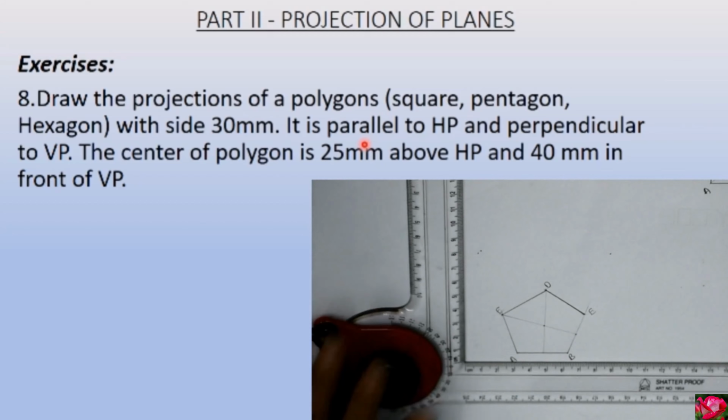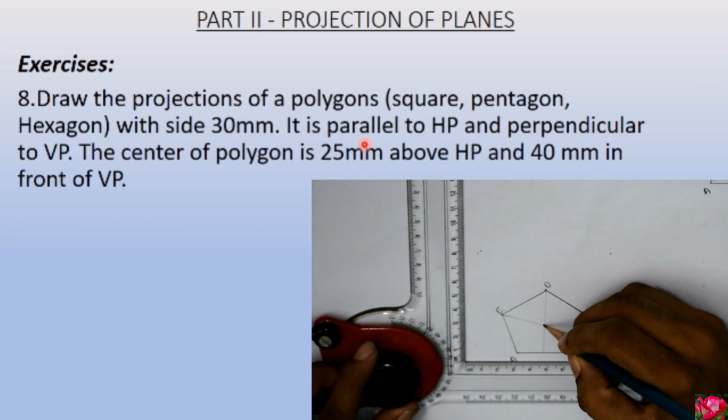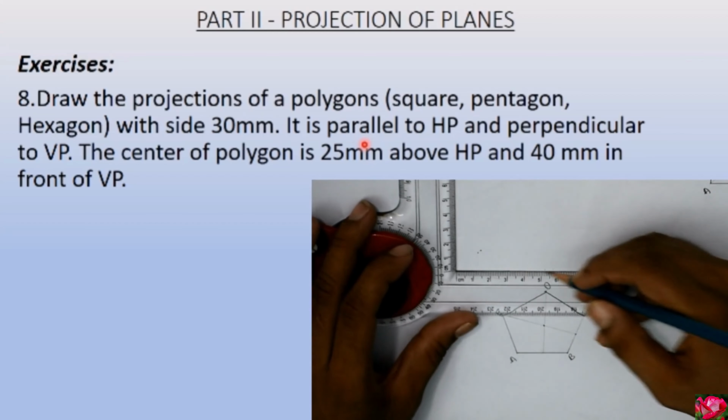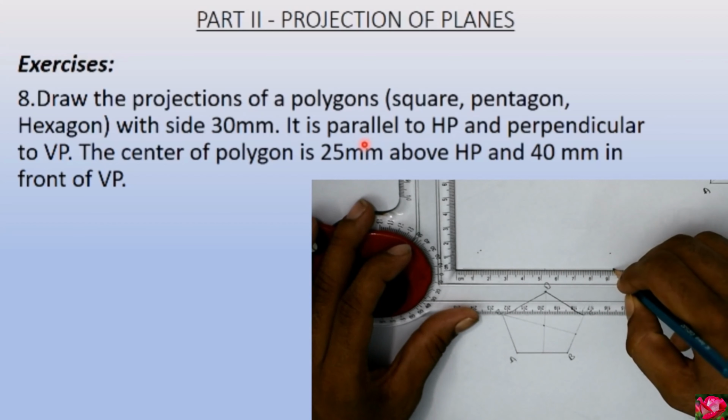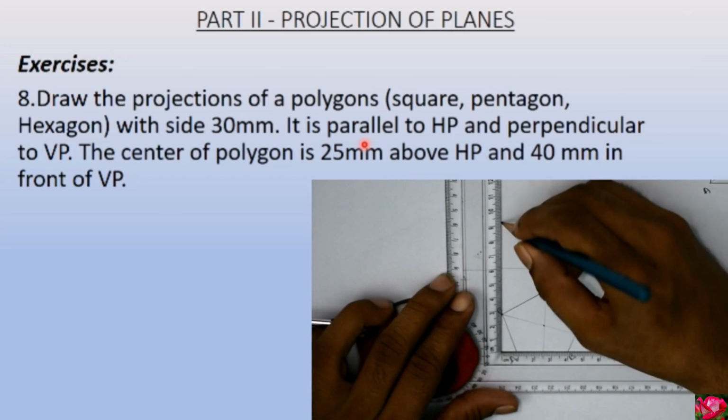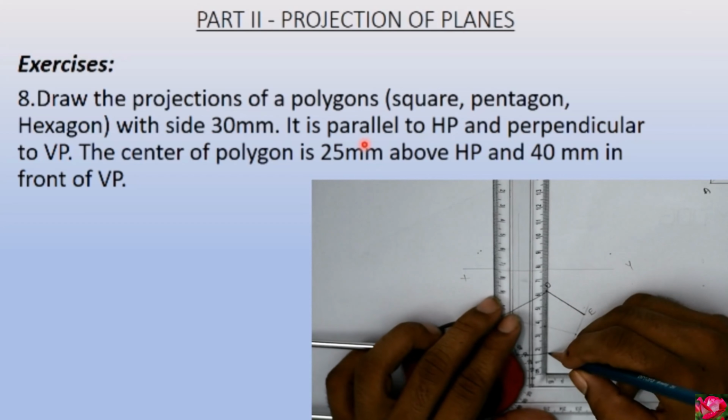The reason I am taking the center point here is that it's given that the center is 40 mm in front of VP. So this is the center. This will become my XY line, and for the front view I am projecting all these lines.